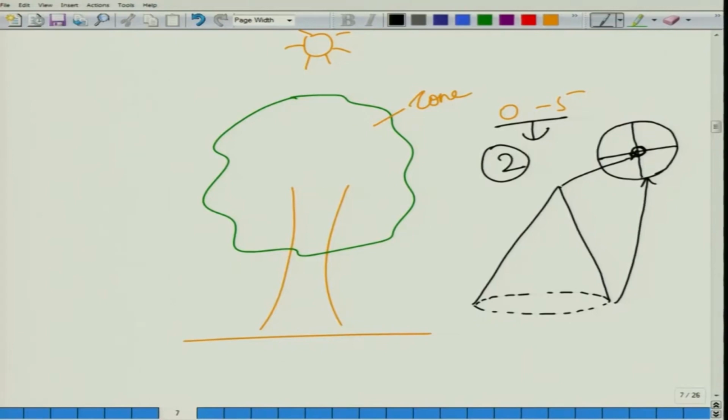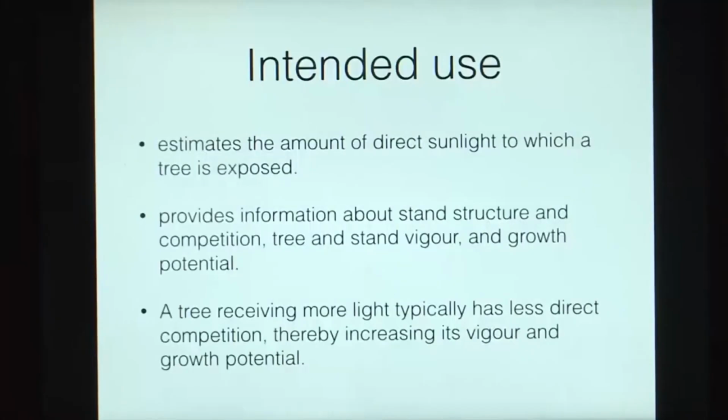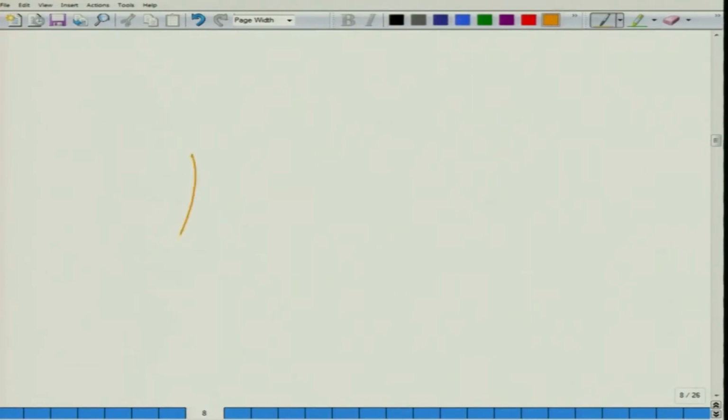So, what is the use of this crown light exposure? The intended use is that it estimates the amount of direct sunlight to which a tree is exposed. It provides information about the stand structure and competition, tree and stand vigor, and growth potential. Why is that so? Because let us consider a stand in which your trees are far apart.